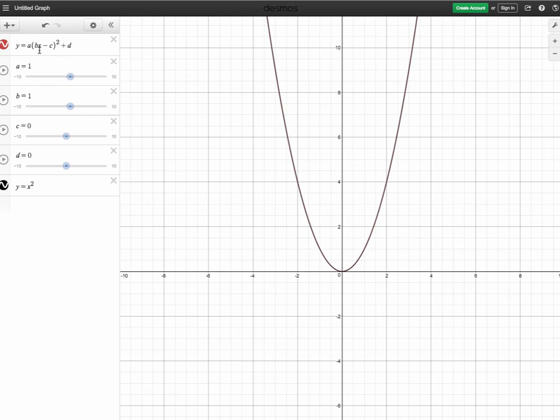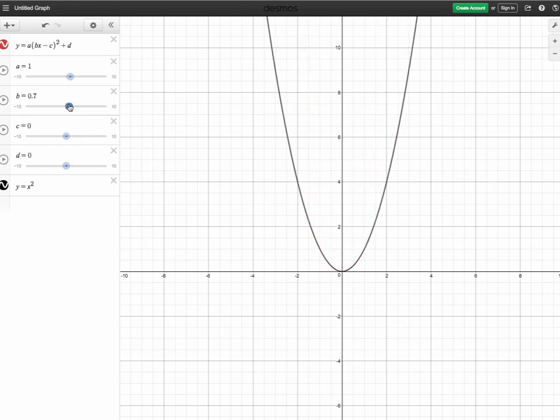Let's look at B. B is going to give you a horizontal stretch or shrink. When B is greater than 1, you have this horizontal shrink. Think about it. It's taking this point here and pushing it in there.